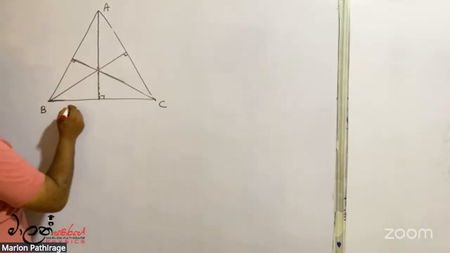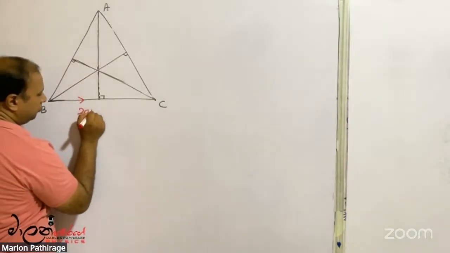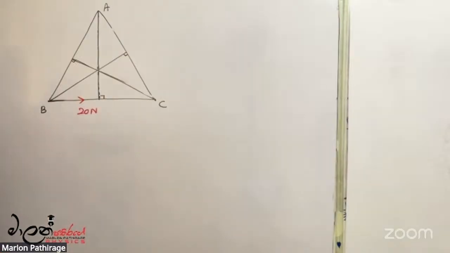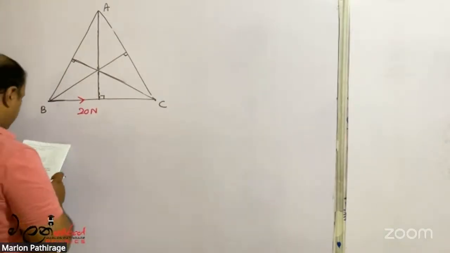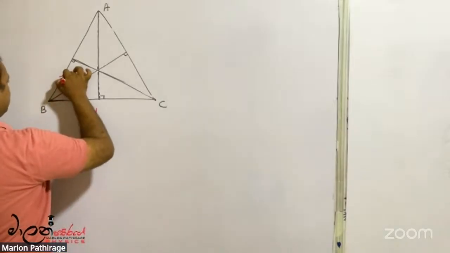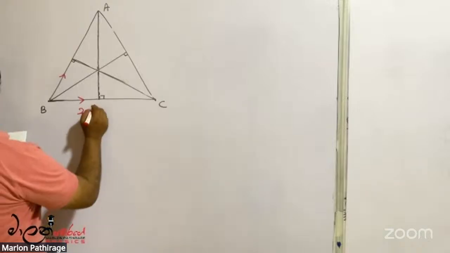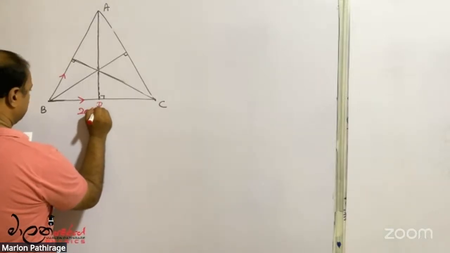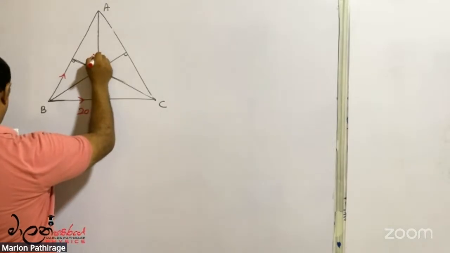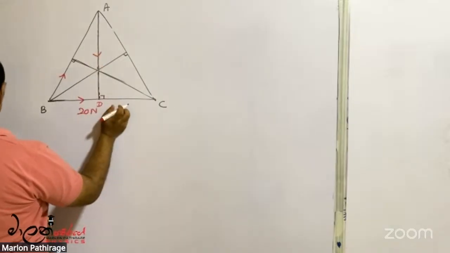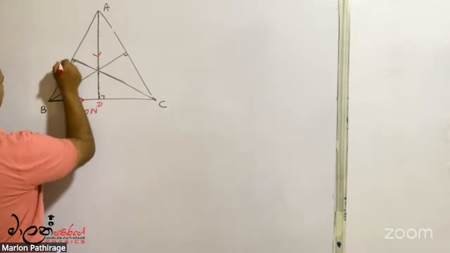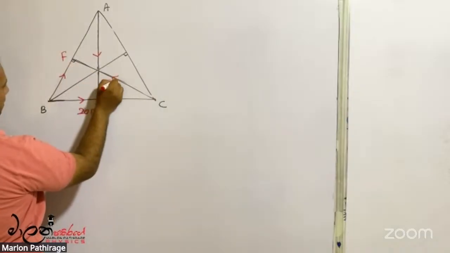BC is 20 Newton. And you are asked to determine the value of BA, AD, CF, and BE.